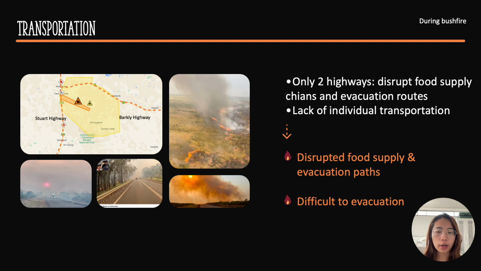Transportation is another challenge. The town has only 2 highways nearby, and during a fire emergency, the highways could be closed, disrupting food supply chains and evacuation routes. Additionally, due to the high cost of fuel, many residents in this area do not own cars, making evacuation a difficult task for them.